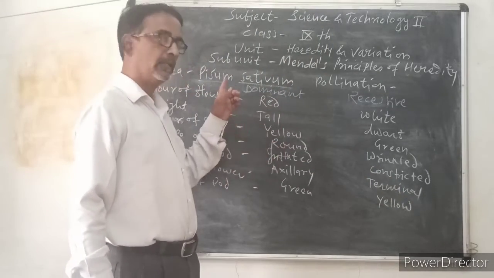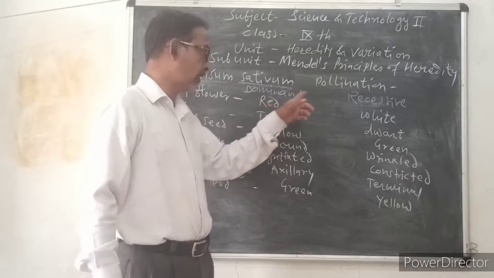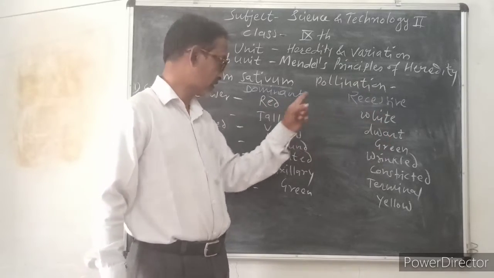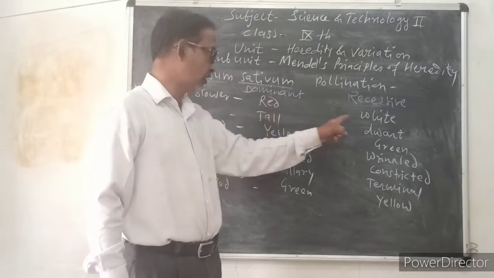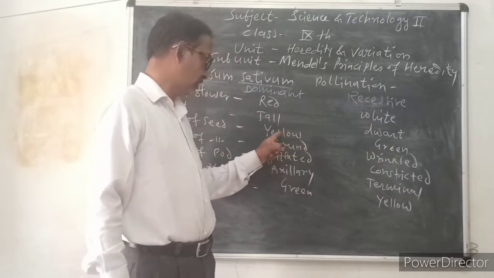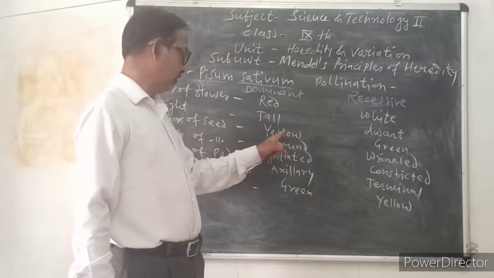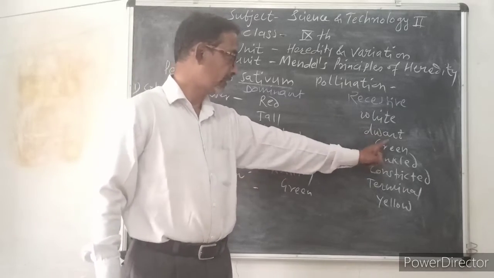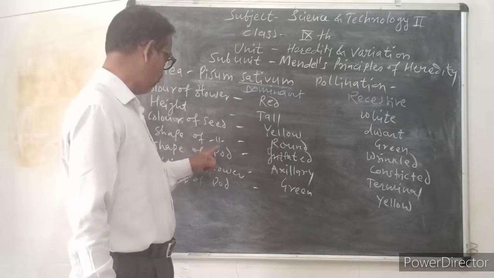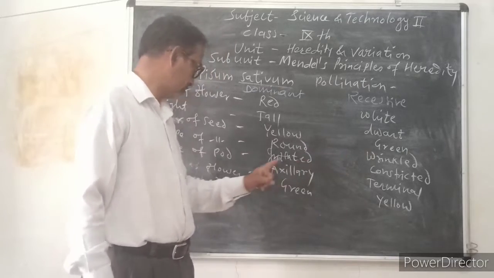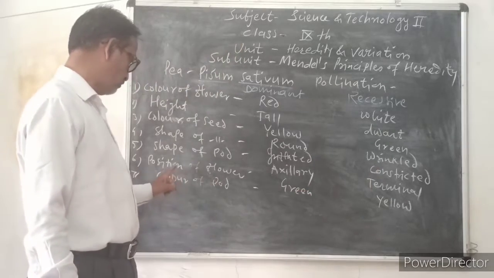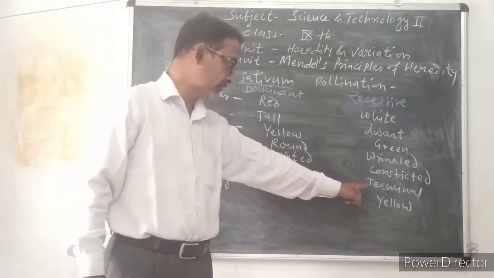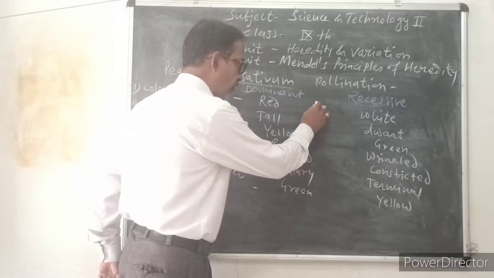He found that there are some plants having red flowers, some have white flowers. Some plants of this Pisum sativum are tall, some are dwarf. Then color of seed, yellow, green. Then shape of seed, round, wrinkled. Then shape of pod, inflated, constricted. Position of flower, axillary, terminal. Now axillary flower means like this.